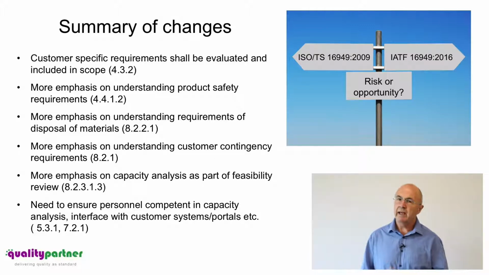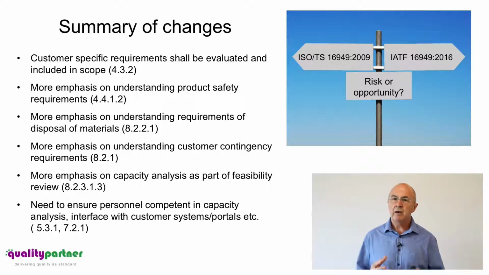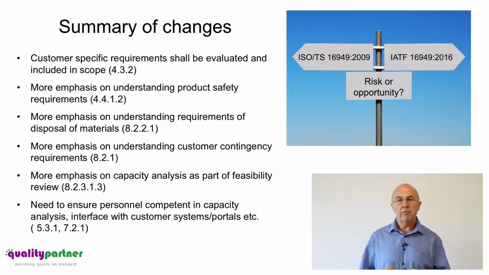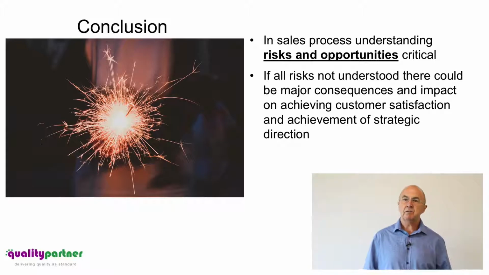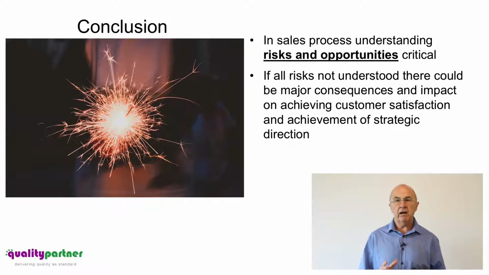So in summary, there are changes that will affect the sales process, not completely new fundamental changes, but really more focus on capacity planning, on making sure we understand product safety and making sure that we've got competent people working within the sales process. So in conclusion, one of the key things in the sales process is that we need to understand the risks and opportunities.